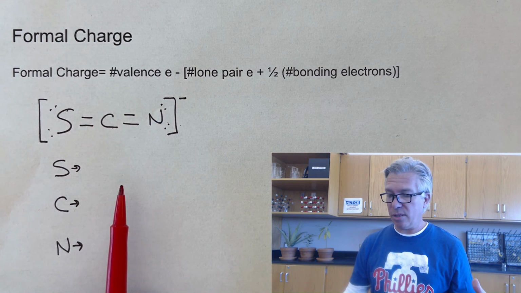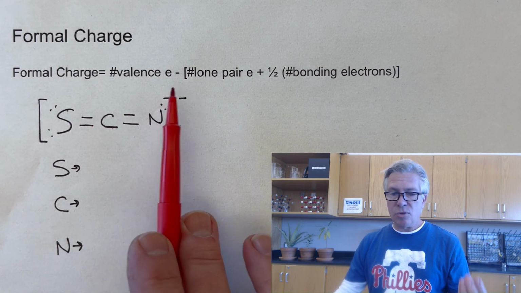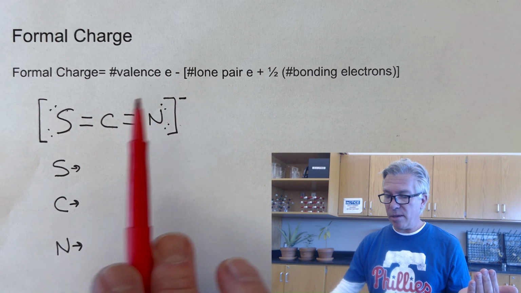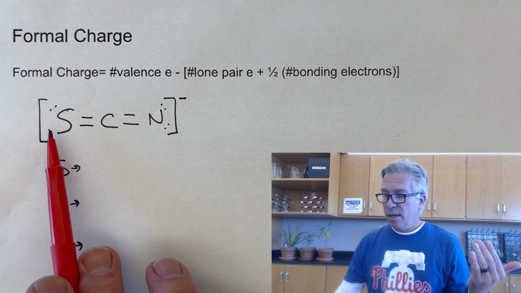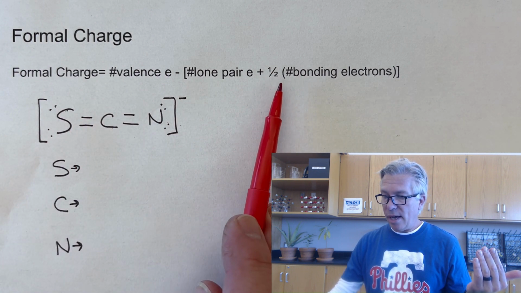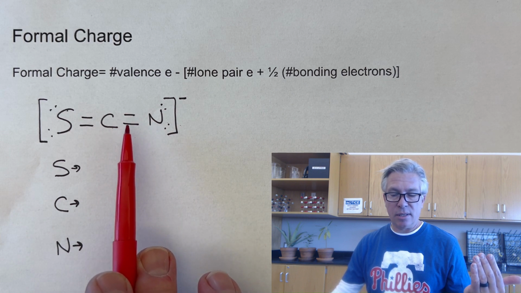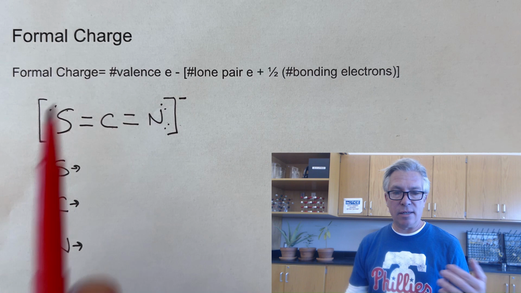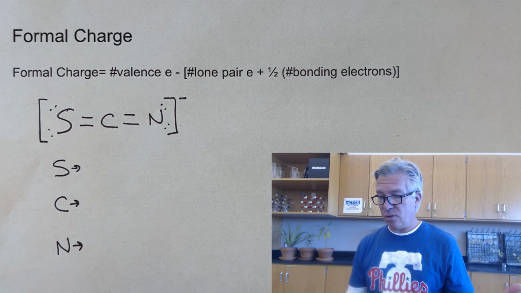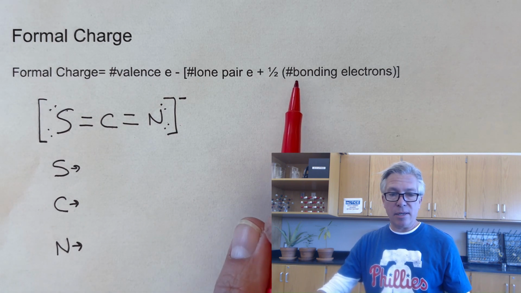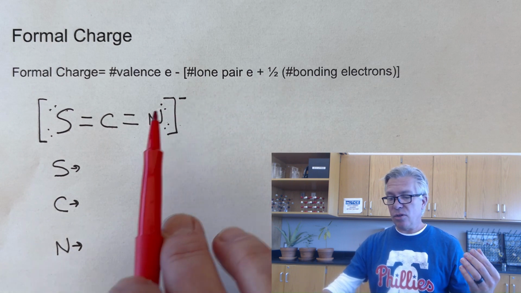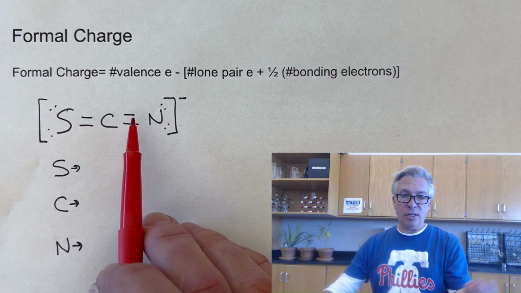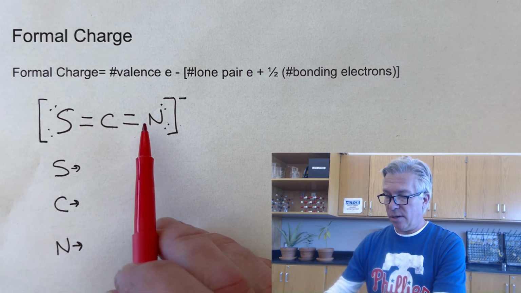Then you subtract the number of lone pair electrons that it has, plus 1/2 of the bonding electrons that it has. You're adding these and then subtracting from the original amount of valence electrons. We do half of the bonding electrons because these electrons are shared, so we give one to each of the two atoms for each of the bonds that are actually there.